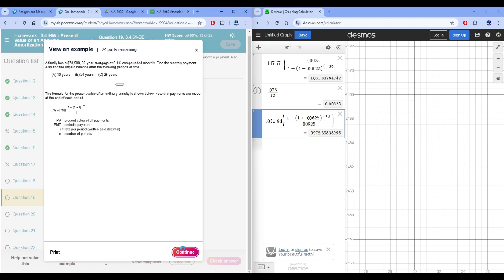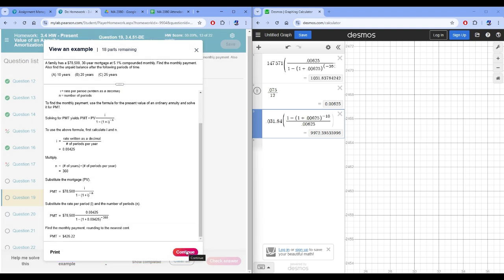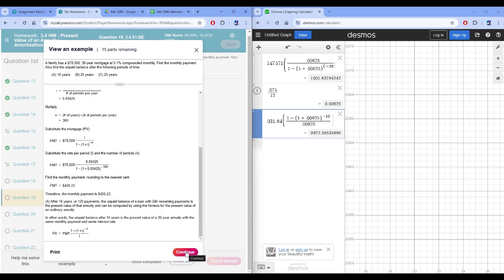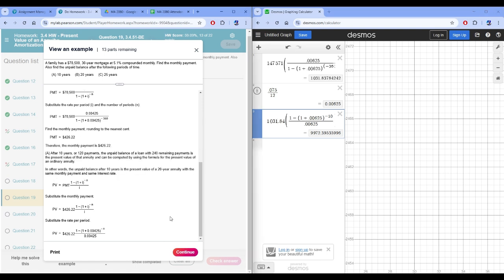Do I have the wrong formula? I have the right formula. Same exact thing. Yep.